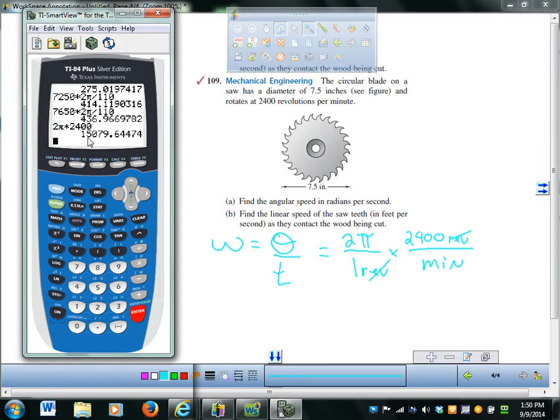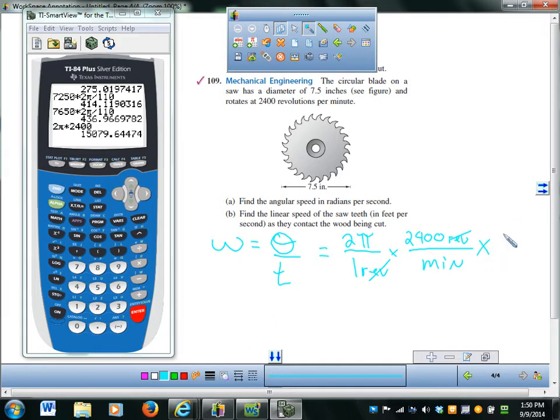And I get 15,079. That's radians per, what do they want? They want angular speed in radians per second. What I would have to do is take that answer. They want radians per second. So we know that using a conversion, there's 60 seconds in 1 minute. And now I could cancel out my minutes like that.